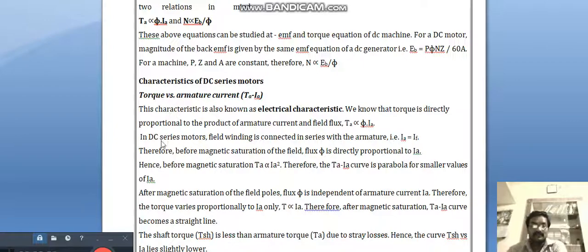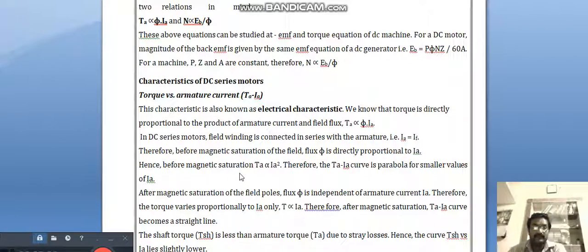In a DC series motor, the field winding is connected in series with the armature. So the current flowing through the armature and the current flowing through the field are the same. So Ia is equal to If. Therefore, before magnetic saturation of the field, flux φ is directly proportional to Ia, so instead of φ, we can write Ia.